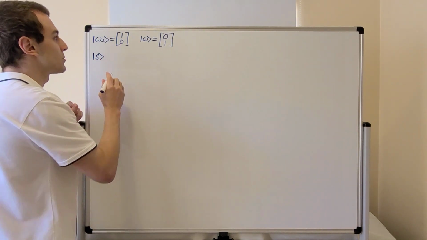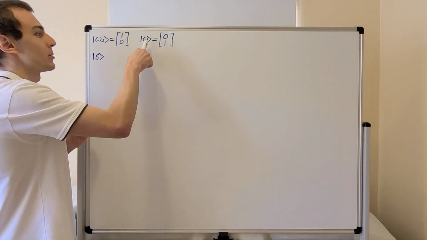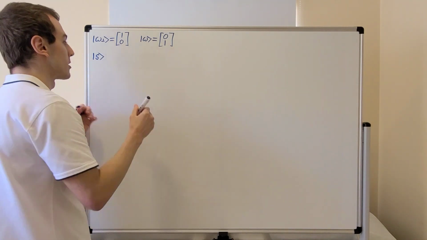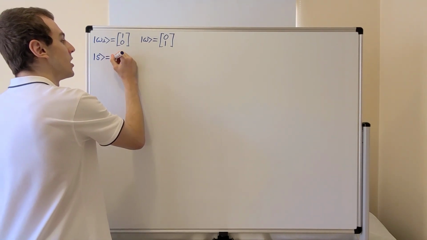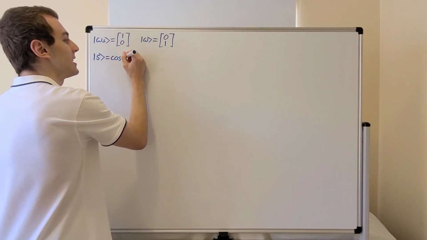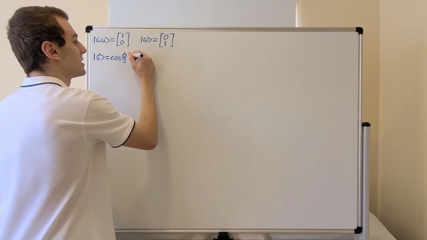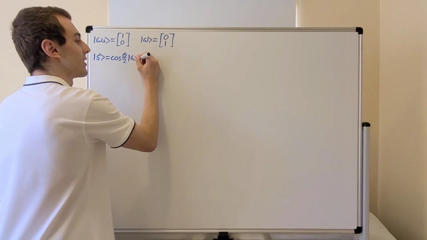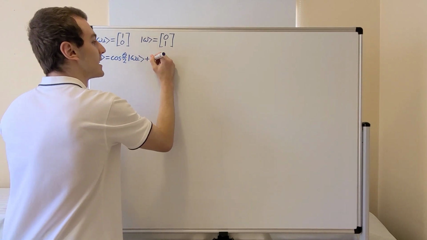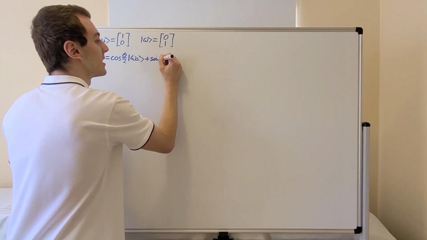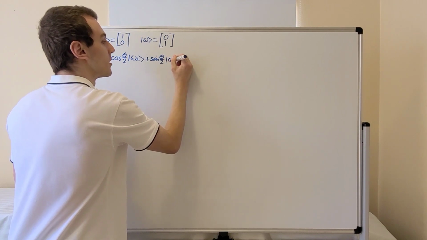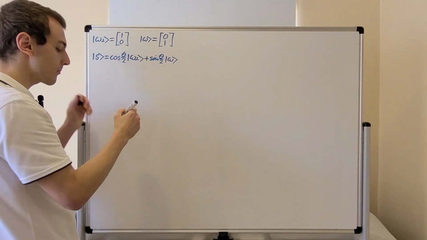So S we can express in terms of these. We can express them as a linear combination. So we can express this as cosine of theta on 2 times this horizontal basis vector plus sine of theta on 2 times the vertical basis vector.